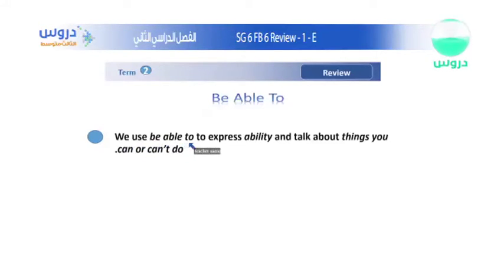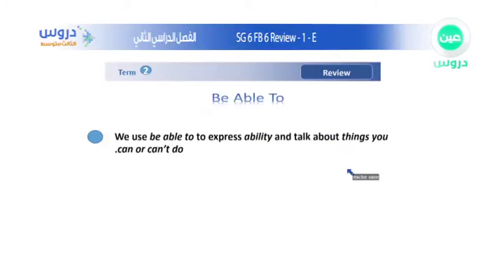We use be able to express ability and talk about things you can or can't do. You know the word ability, القدرة. We use be able to express ability and talk about things you can or can't do.